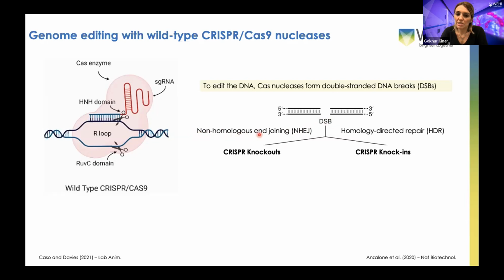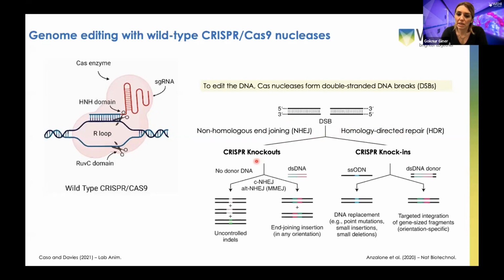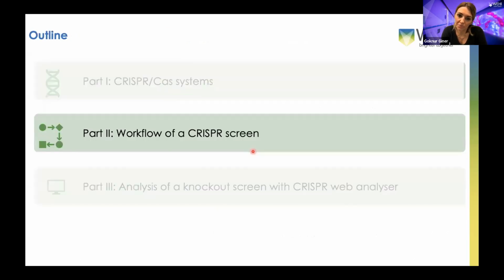And for these mechanisms, non-homologous end joining or homology-directed repair systems are used. When the first one is used, we call them CRISPR knockouts. And the other one is homology-directed repair, where we use a template donor, then they are the CRISPR knock-in screens. We will be focusing on CRISPR knockout today.